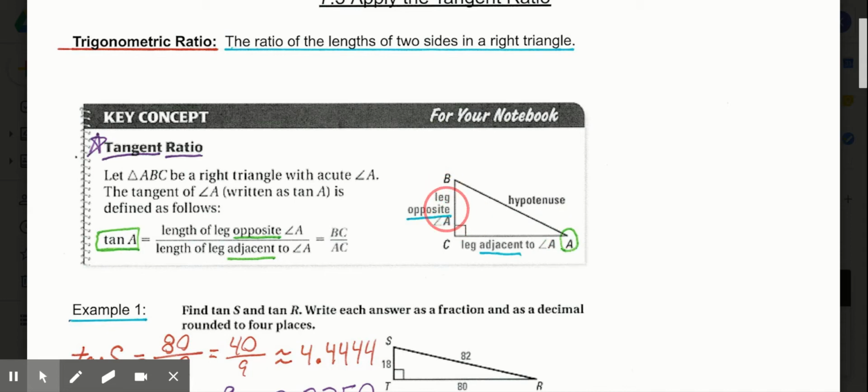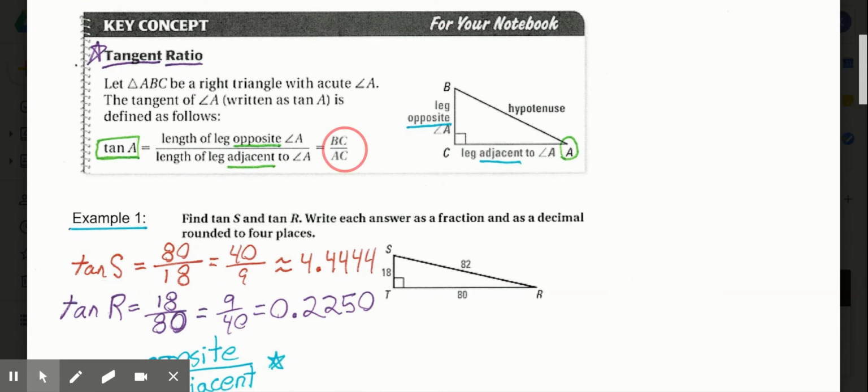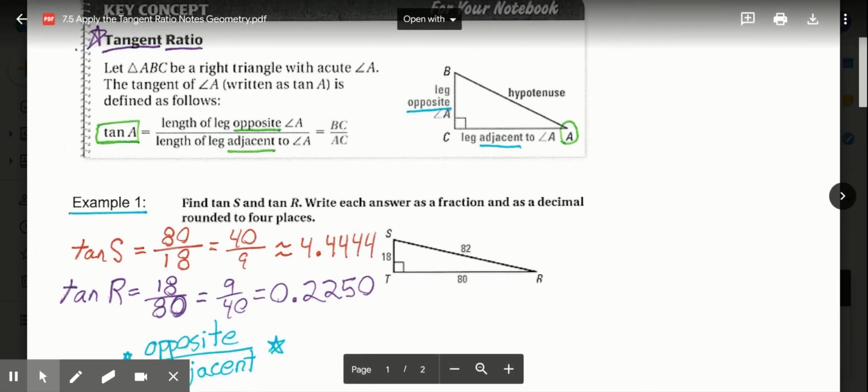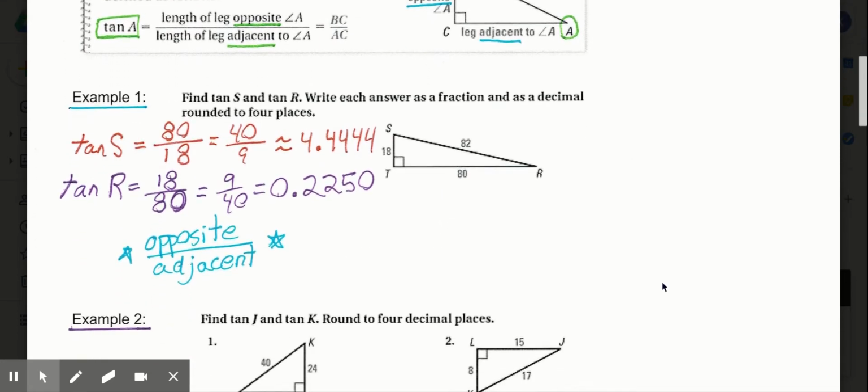Opposite would be the side directly across from the angle. So in this case, our example, the tangent of A being opposite over adjacent would simply be side BC over side AC.